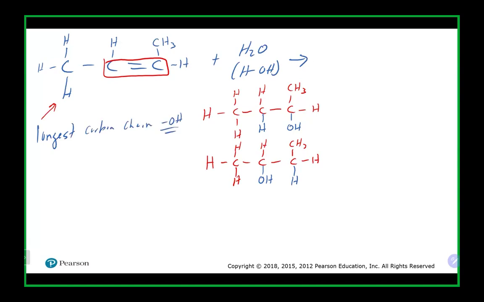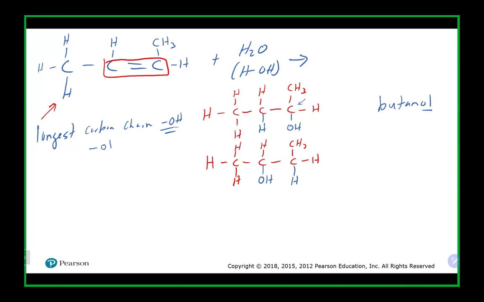The longest carbon chain that has the OH group is 4 carbons. We drop the last part of the name and put OL on it, so 4 carbons is butanol instead of butane, and that tells us it is an alcohol.